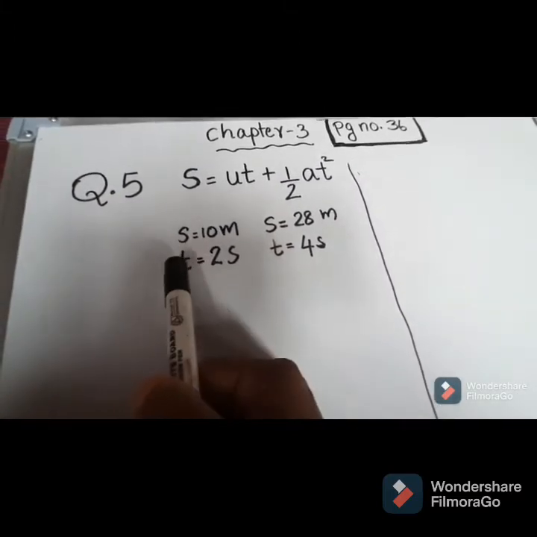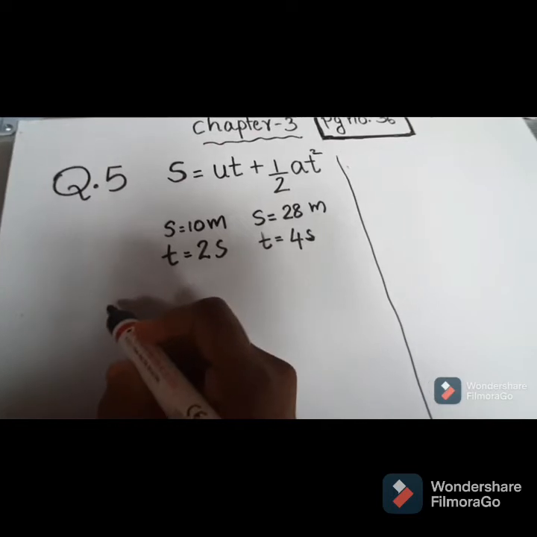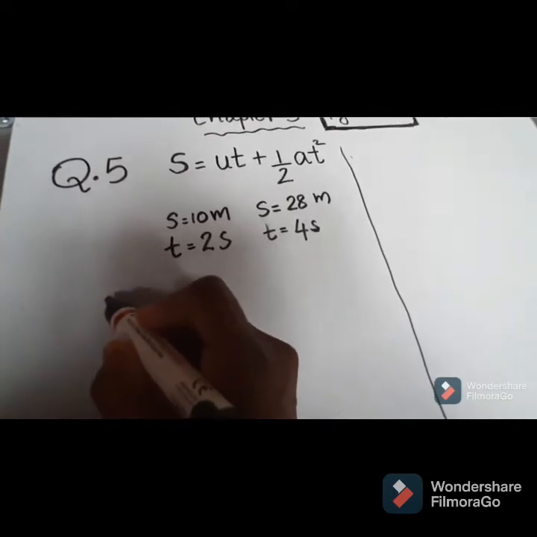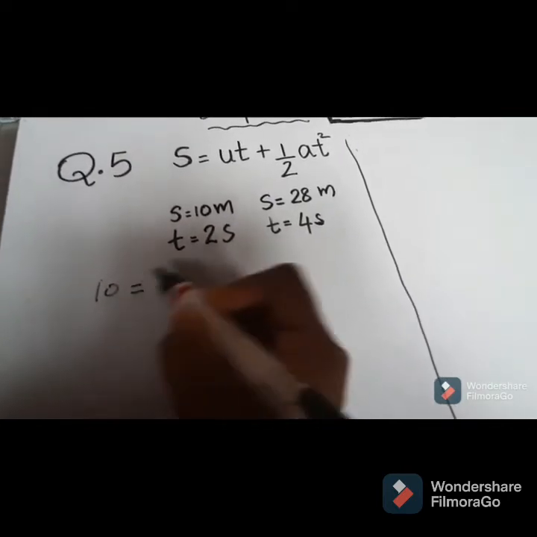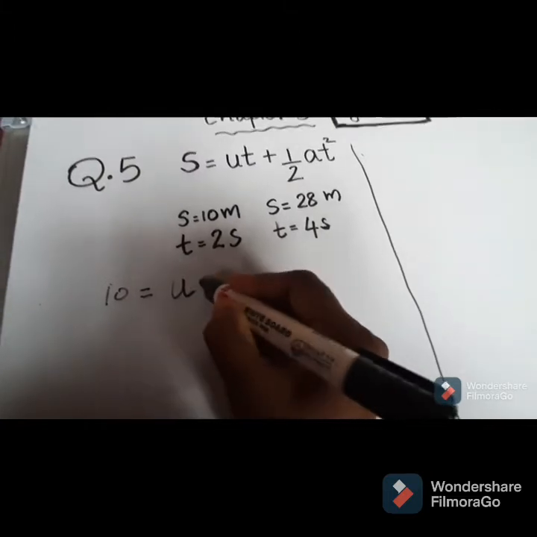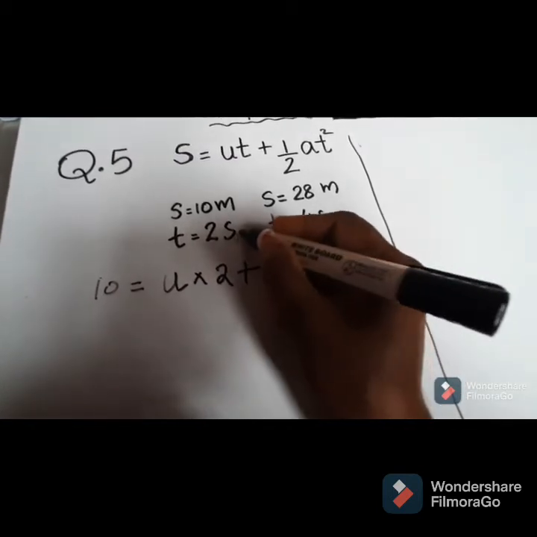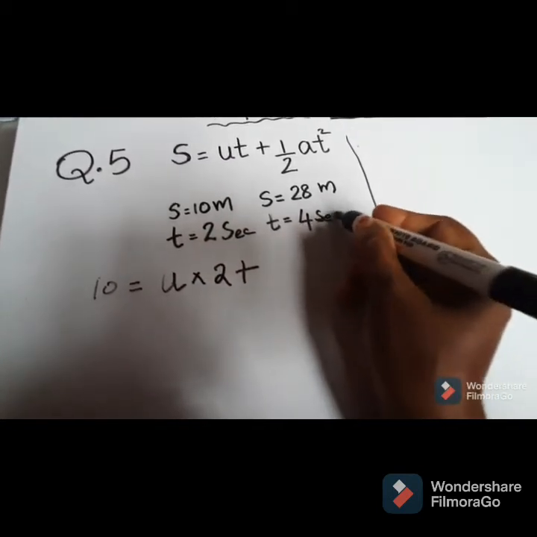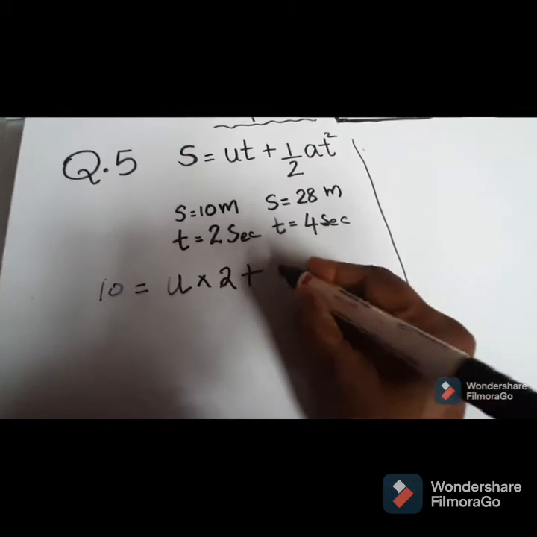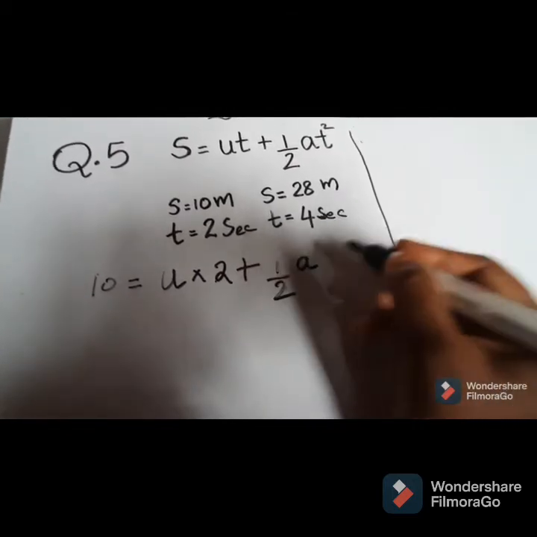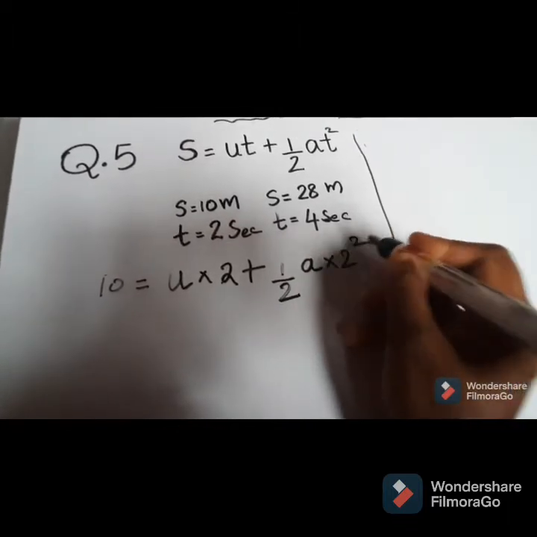So using this data we can get one equation. Let's see. So here S is 10. 10 equal to u, we don't know, times the time, which is 2 seconds, plus half into a, we don't know, then t is 2, so 2 square, that is 4.